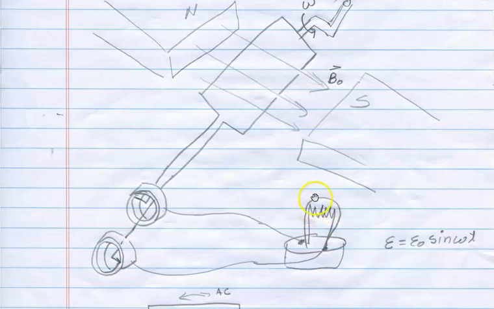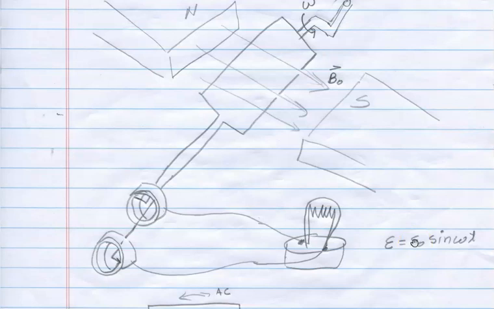Well, in the United States, the frequency F of wall current is 60 hertz, or 60 cycles per second. And that's the normal household AC that you have from your electric plug-ins for lamps and things in your house. And the voltage, the E naught, is typically in the United States 120 volts. Now that changes from country to country.